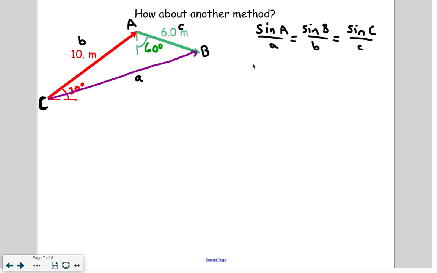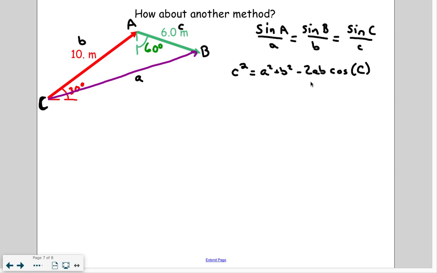And the law of cosines, on the other hand, since this is my starting point, I'm going to be solving for c, so I'm going to put c squared equals a squared plus b squared minus 2ab cosine of capital C. So you notice that if I ignored this last portion, this kind of looks like the Pythagorean theorem right here.